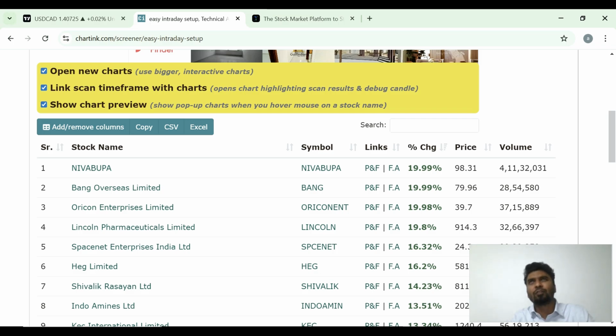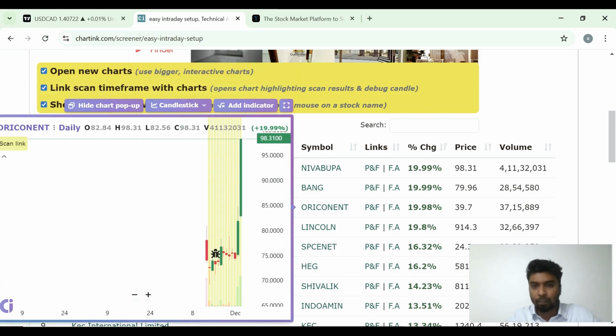At 9:15, 9:20 or 9:30, we can get stocks with 10, 15, 12, 9 percent momentum, and these stocks can outperform by 15, 20, 25 percent. So before 10 a.m., we find the entry point and enter within the shortest time period.